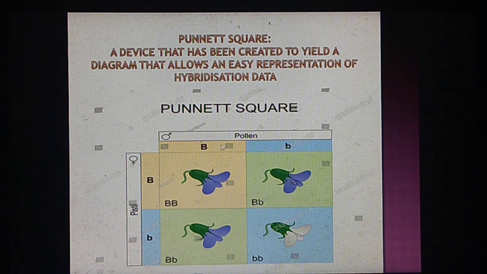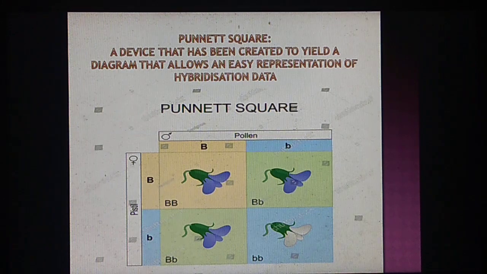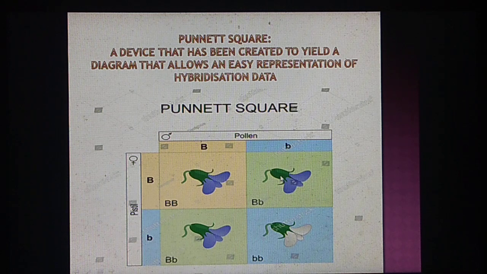You can see here the parents and the gametes that have been shown, that is, male gametes and female gametes. We usually write them down at the top row and left-hand side column in such a way that in the squares, those particular gametes can be crossed and noted down. So, it shows both genotypic as well as phenotypic results with the help of various combinations of gametes, and can be easily determined through this Punnett square.